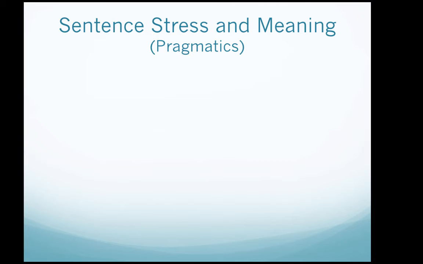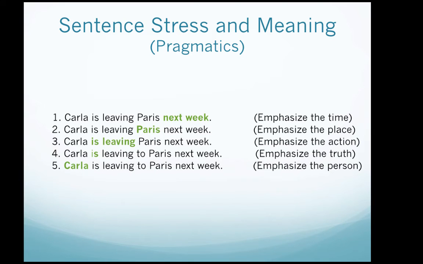Another important characteristic of suprasegmentals is that of the sentence stress and meaning, and this refers to pragmatics, the intention of the message versus the reception of the message. Usually, intonation gives us meaning as we are asking questions. For example, when we say lunch, it might be interpreted as let's go have lunch.